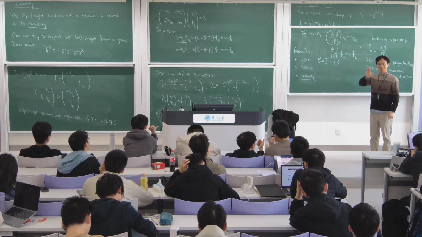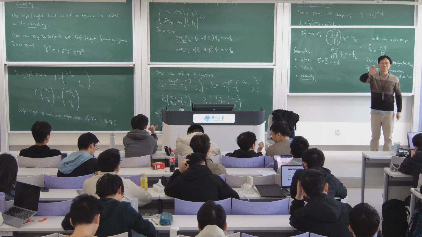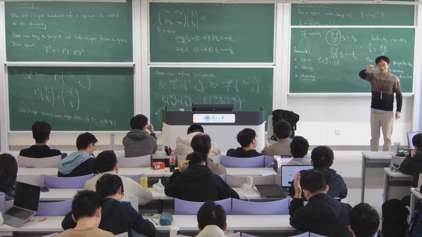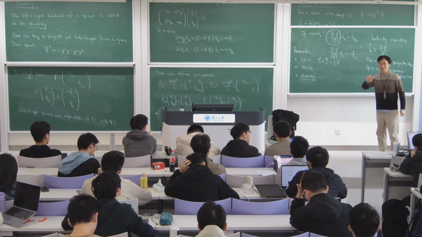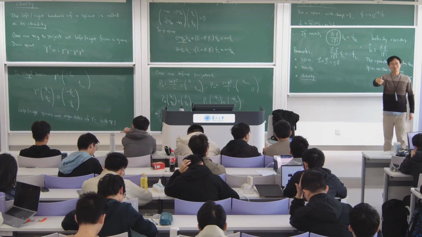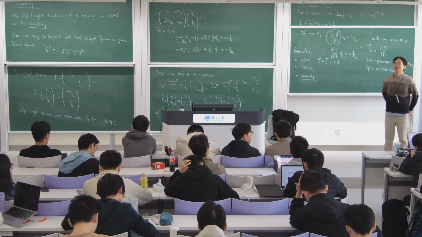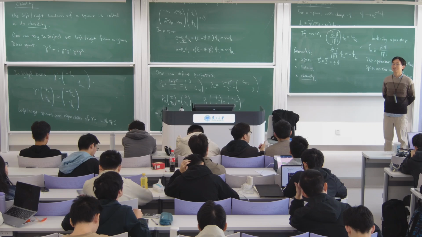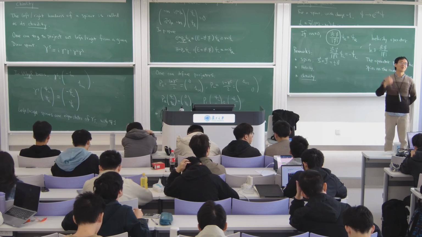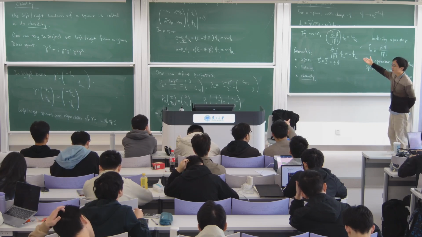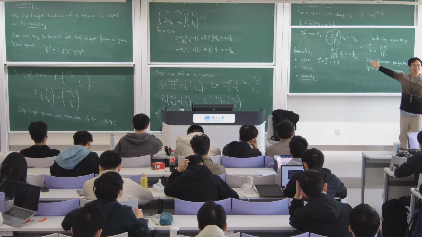Right hand means your rotation direction coincides with your motion direction. You get +1. If it's opposite, you get -1. So it perfectly fits with what you learned in high school.